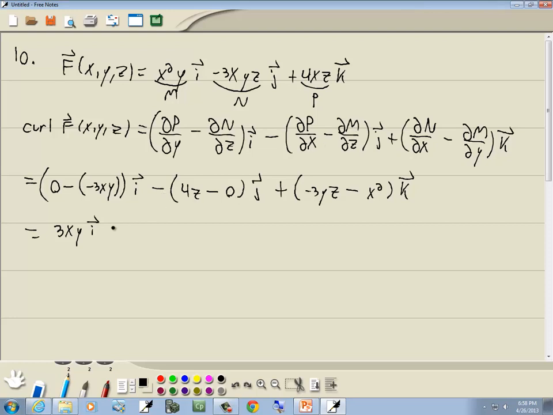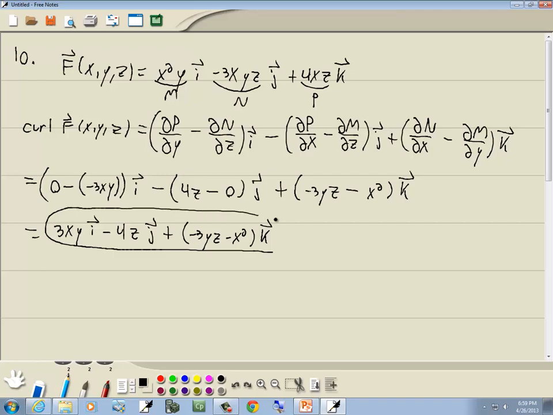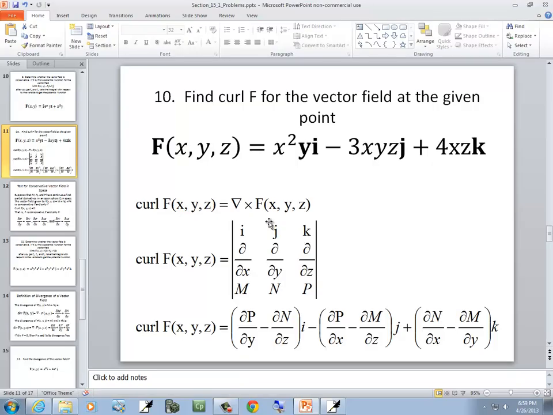So here we got negative 4z j. Partial of n with respect to x would give us negative 3yz. Minus partial of m with respect to y gives us x squared. So this gives us negative 3yz minus x squared k. And that's our answer.